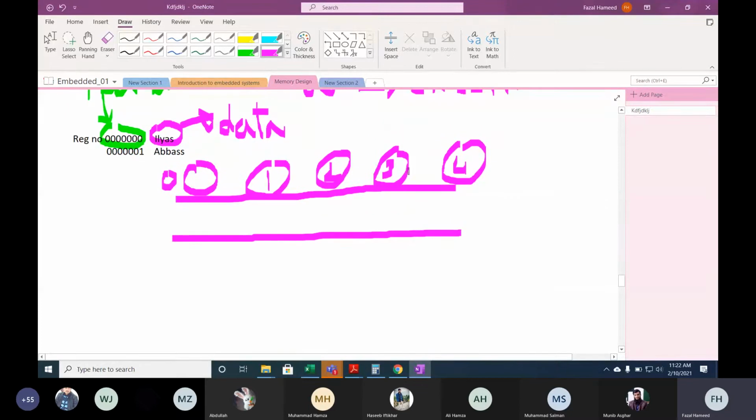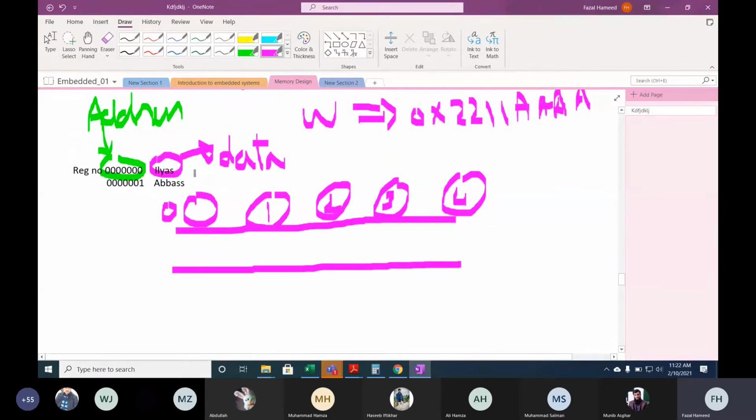Let's assume that 8 people are living in each house, so the data is 01010011. So house number 0 is actually the address, and the people that are living at that address are actually the data.